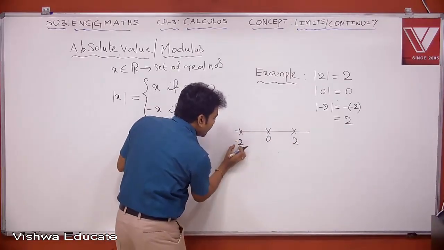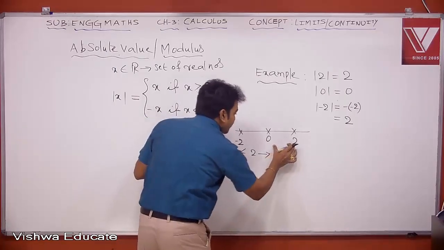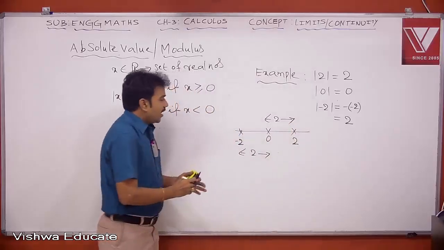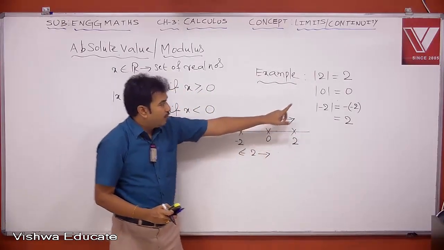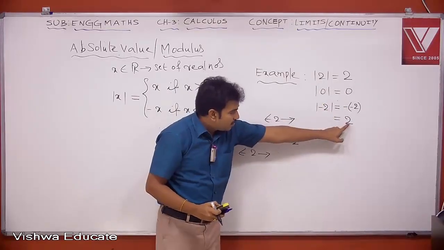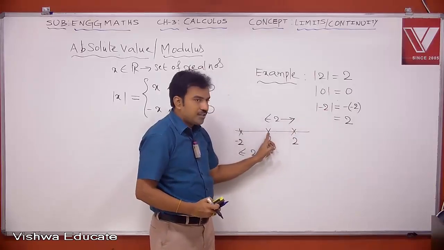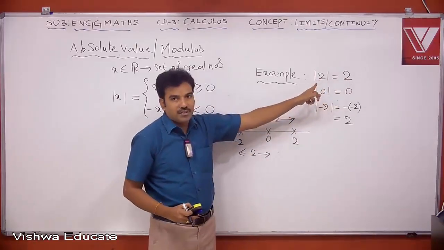The distance between minus 2 and 0 is 2 units. The distance between 0 and 2 is again 2 units. The distance of 0 from 0 is itself, so this 0 represents the distance of 0 from 0. This 2 represents the distance of minus 2 from origin, and this 2 represents the distance of 2 from origin.